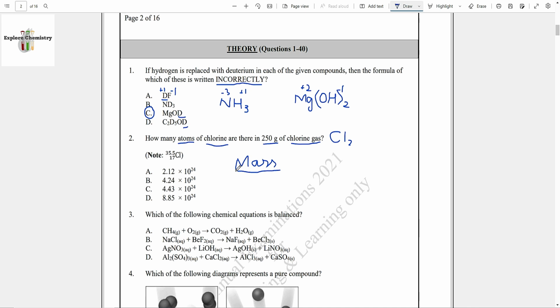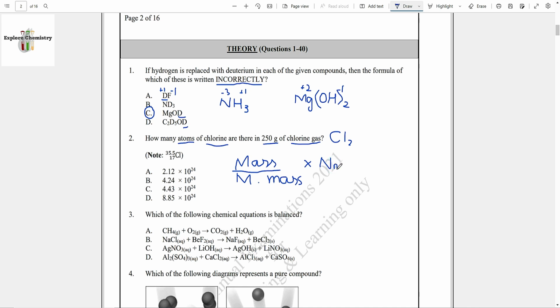The molar mass of chlorine gas we have to put, that will be 71, because the mass of 1 chlorine is 35.5 and 2 chlorine atoms will have mass 71, and then you have to multiply this number with Avogadro's number.